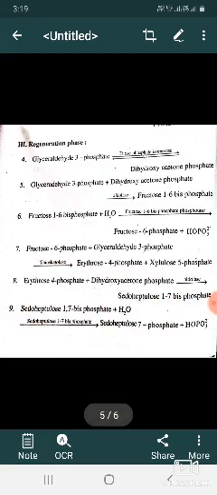So these are the carboxylation phase, first one, the reduction phase, the second one, and the third one is the regeneration phase.